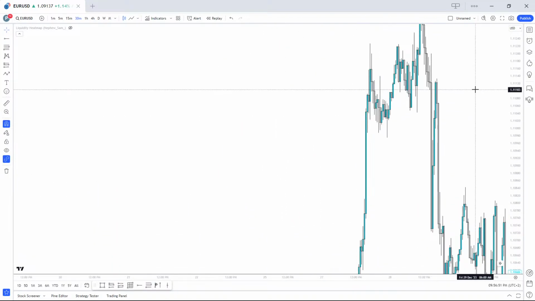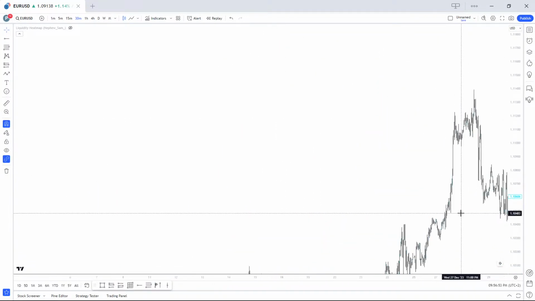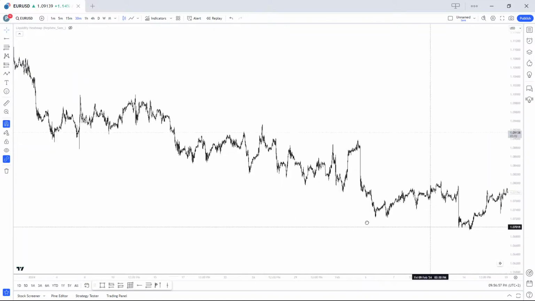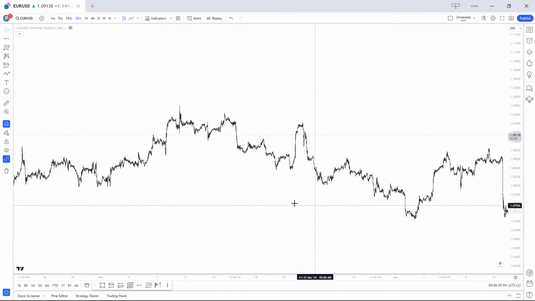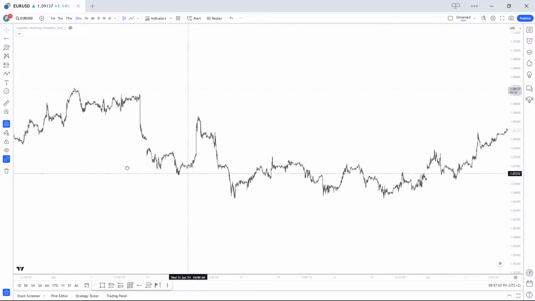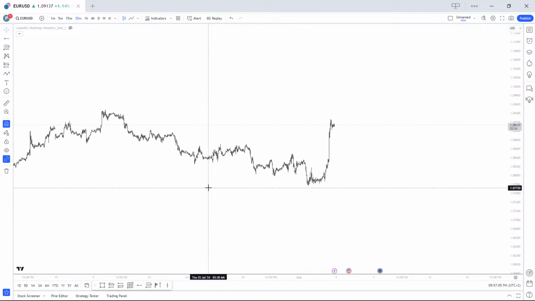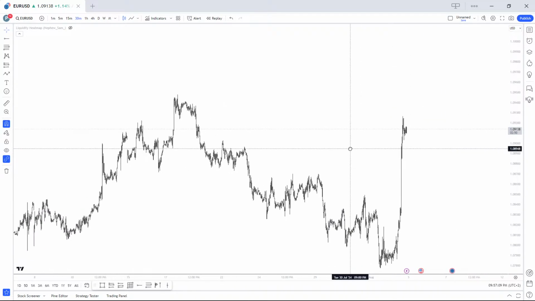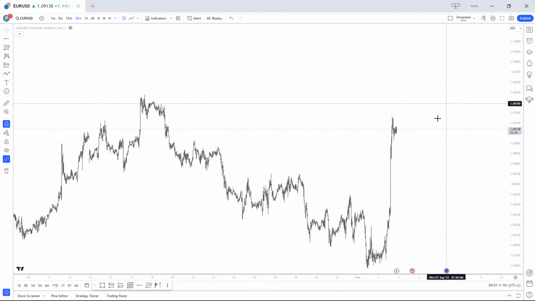Alright, let's focus on the entries first. Because my main problem are the actual entries, probably. We need to learn more about liquidity, probably. And okay, this is actually a very good move.